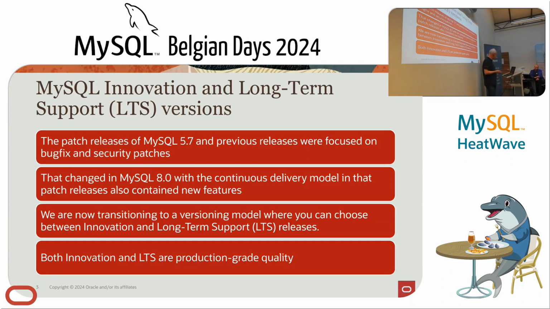So in 8.0 or in 5.7, we had this kind of stable release thing. So we produced the GA, and then it was only bug fixing, stable release, and back. Then people will kind of say, but we need more features more often. So the community complained about that.